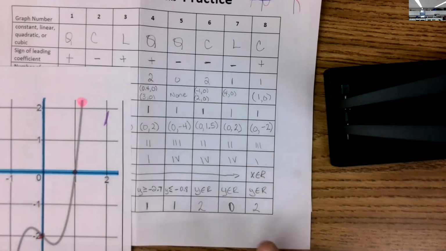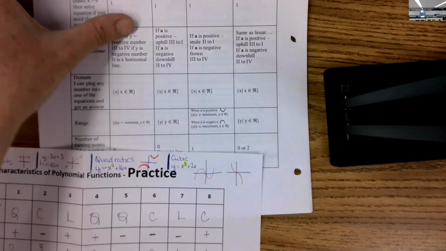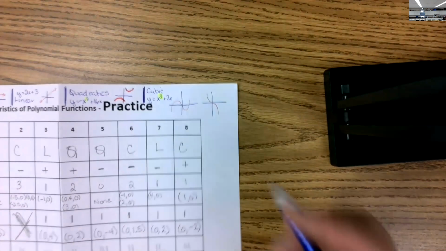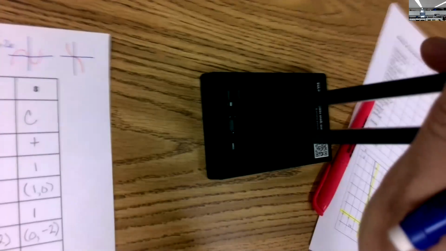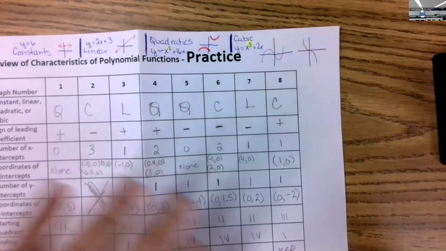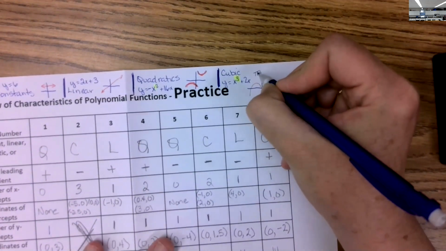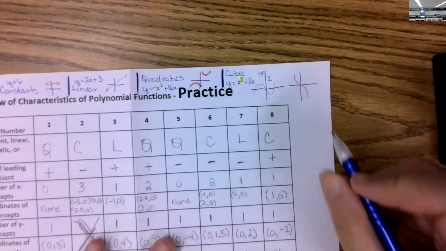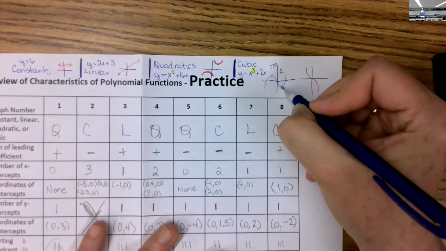I should mention, I can use this up here. So these are both my cubics. What are turning points? So this one is considered to have 2 turning points. Like there's one there, and there's one there.